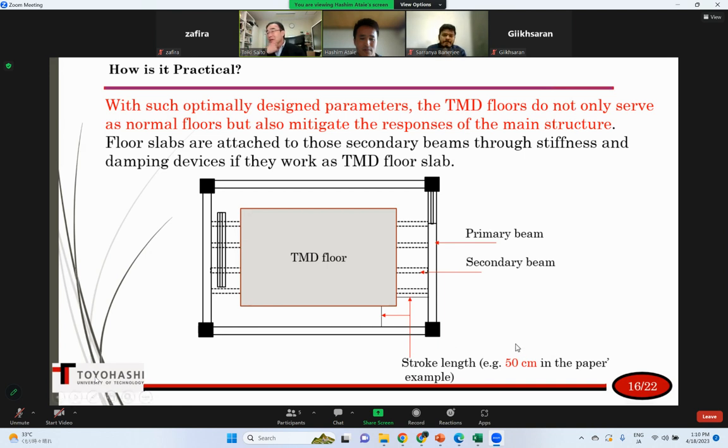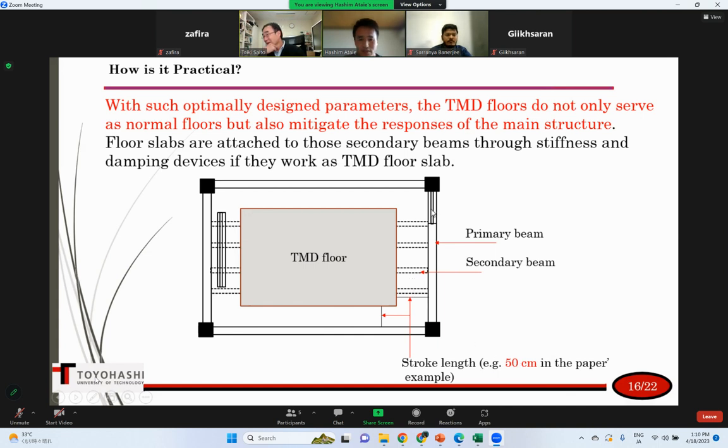Well, you are right. You are right. But when, for example, the building has a large mass, then maybe this TMD floor needs more stroke length, more than 50 centimeters.